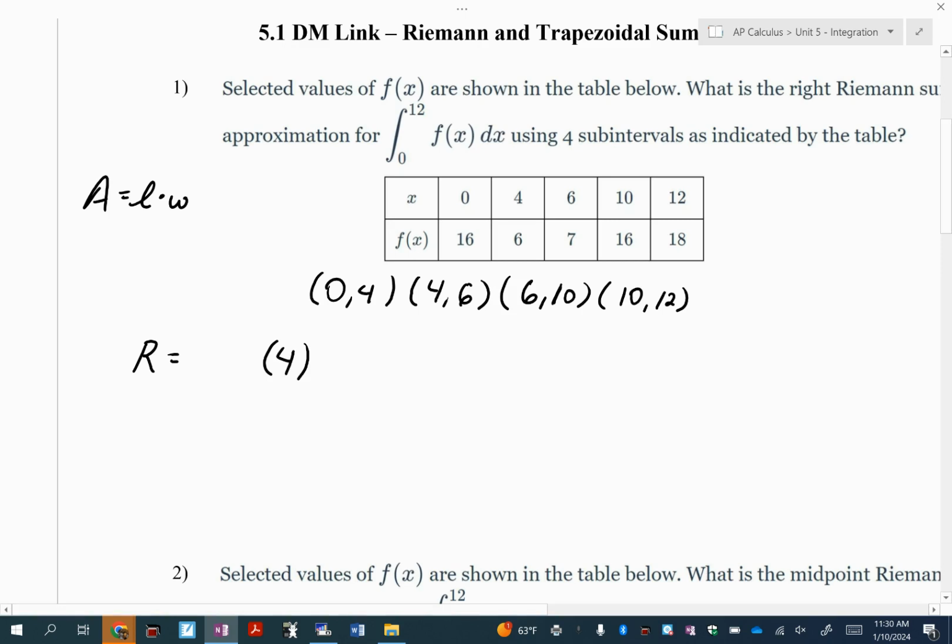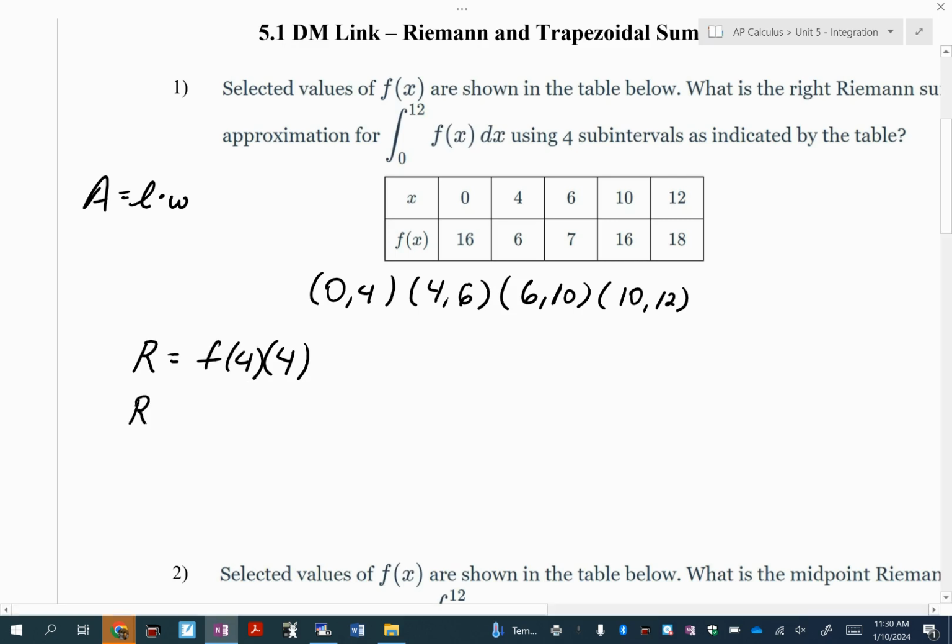Okay, so that is our width. Now the length is going to be going up vertically towards the function. Because we're doing a right Riemann sum, what is my right number in this interval 0 to 4? The 4, so I'm going to write down f of 4.